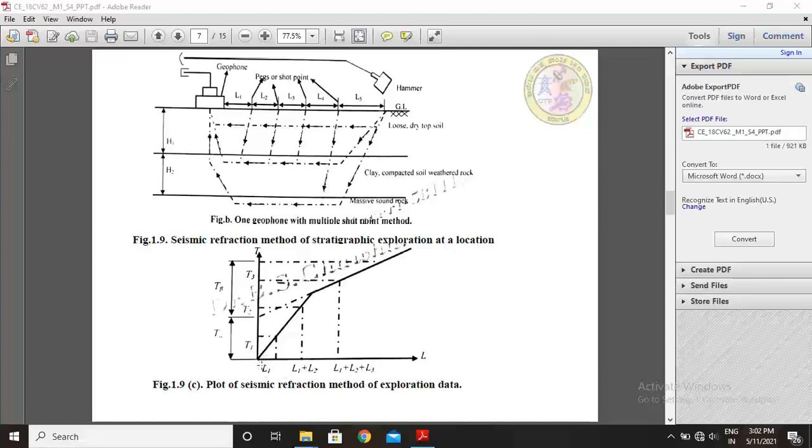So see, this first point is L1, from here to here is L1, and the second point is L1 plus L2 distance, the third point is L1 plus L2 plus L3 distance, with respect to time along the y-axis. We are selecting the points with respect to T and L, and we are plotting this type of graph.